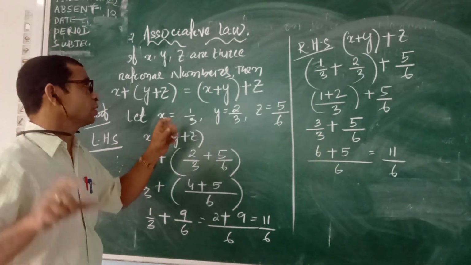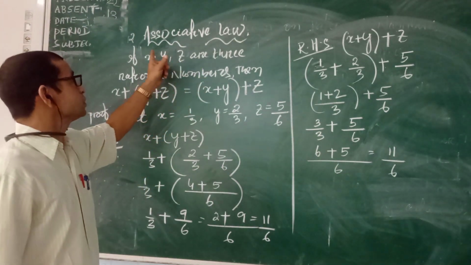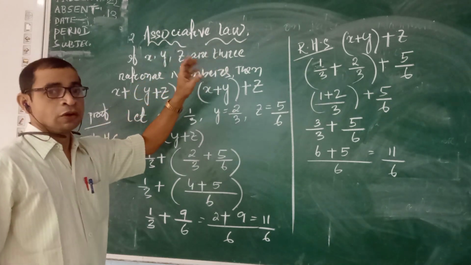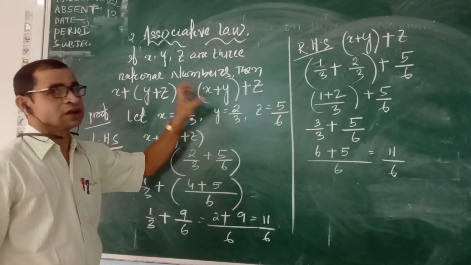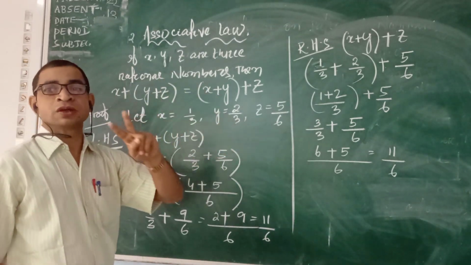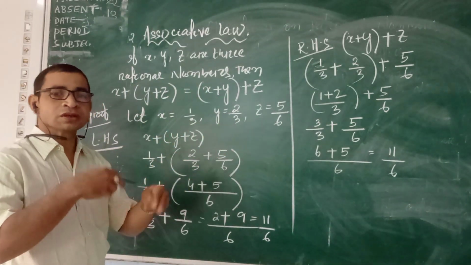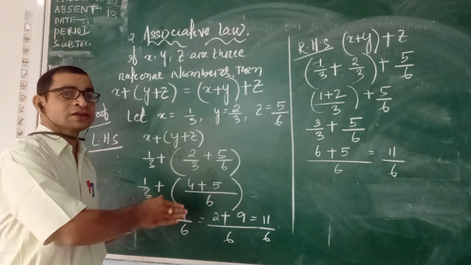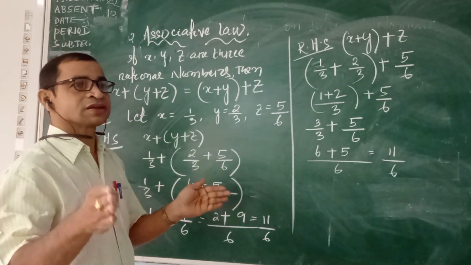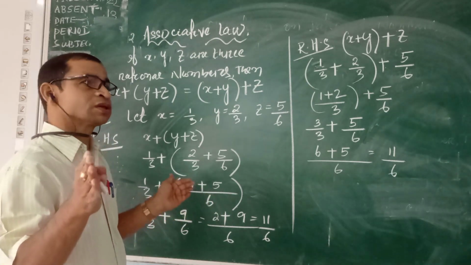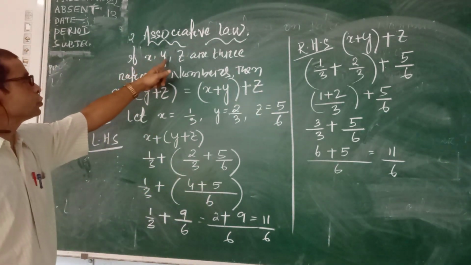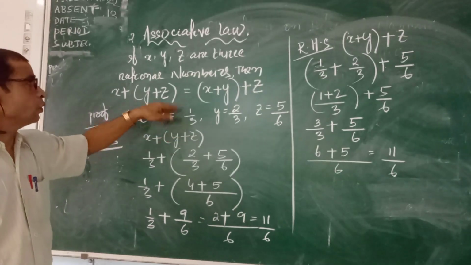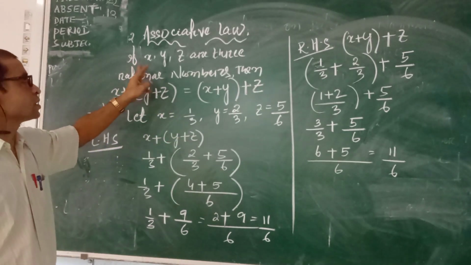This is the most important difference to remember. In the commutative property, we find the LHS and RHS, and on both sides the sum remains the same. That is called the commutative property. But associative, as I told you just now, always involves three rational numbers.